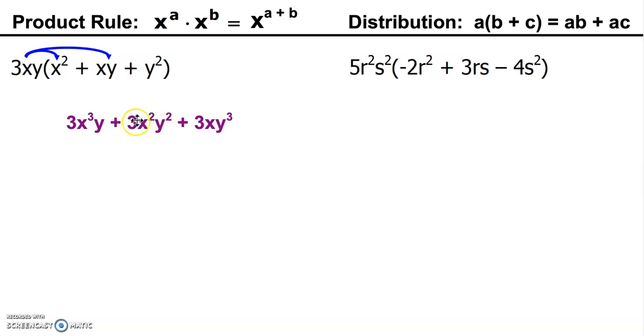Notice that I have the 3 in front of this term because I multiplied a 3 times a 1 in front of that term that we're distributing to. 3xy times y squared becomes 3xy cubed. We added those exponents. Here we had a 1 plus 2 becomes the 3. This problem is on your own.